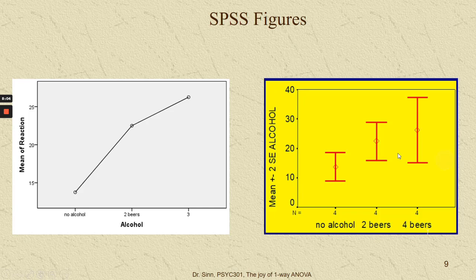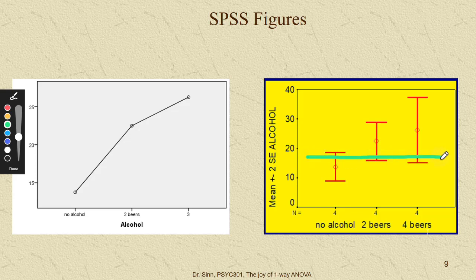Okay, so graphically it would look like this. That might suggest to you that there is an effect here, but in fact, if we look closely at the means with some error bars around them, let me show you. Is it possible that you could draw a line through here? In other words, where all of the groups actually have a mean of 18 point something in terms of reaction time, and that any differences are just due to sampling error?